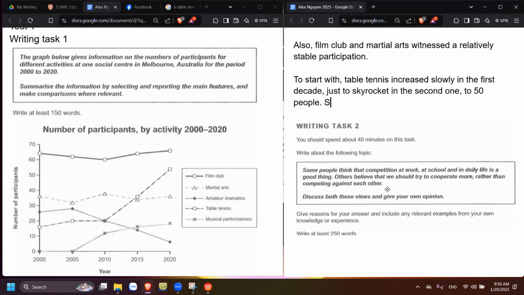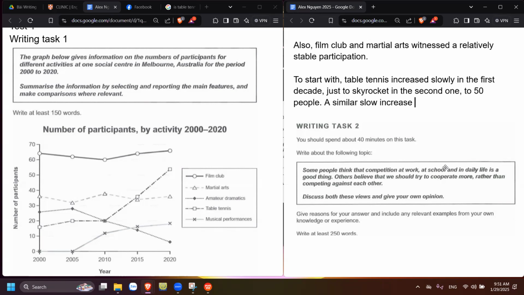All right. Okay. I can say similarly. Oh no, they're only similar in the first 5 years. So let's say a similar slow increase. This increase is a noun, okay?